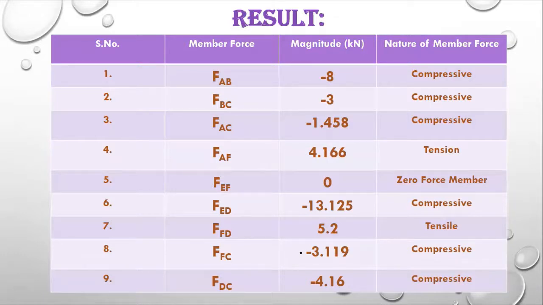It's up to you whether you write that the member is in tension or compression, compressive or tensile. That's why I put tension or tensile. Both are the same thing. This is the difference in English, and you can understand it.